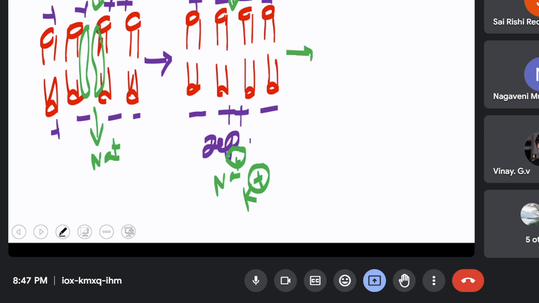So now what happens? There is a movement of potassium ions to outside.